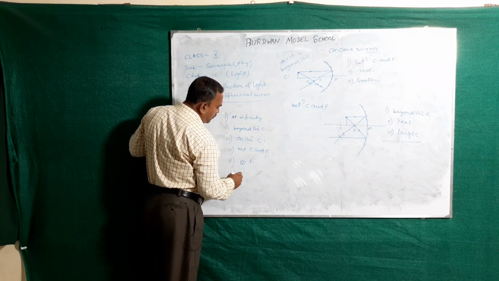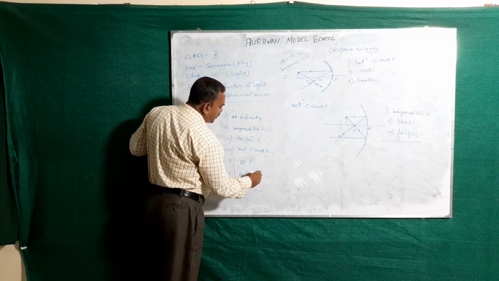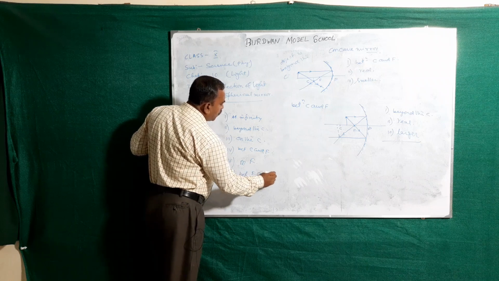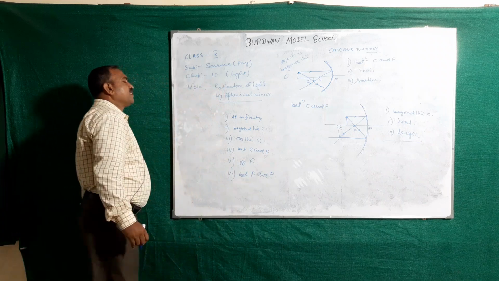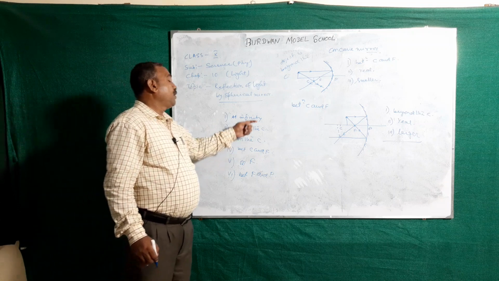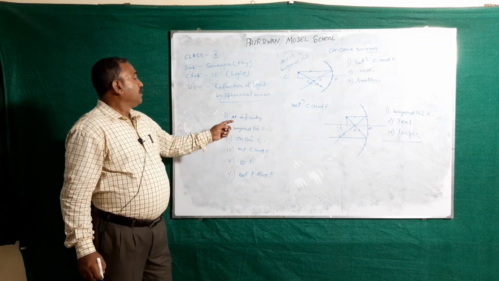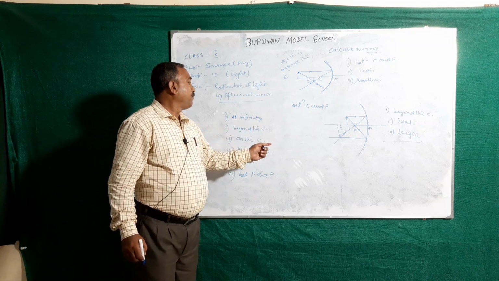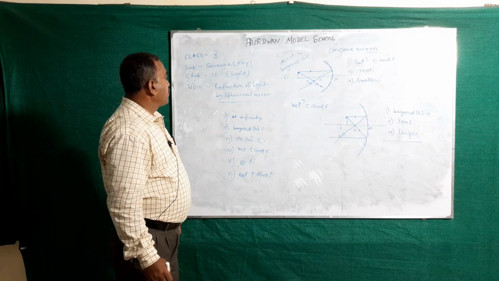The object is placed in between focus and pole. Am I clear? So you draw it, you will try it with the help of your previous class.